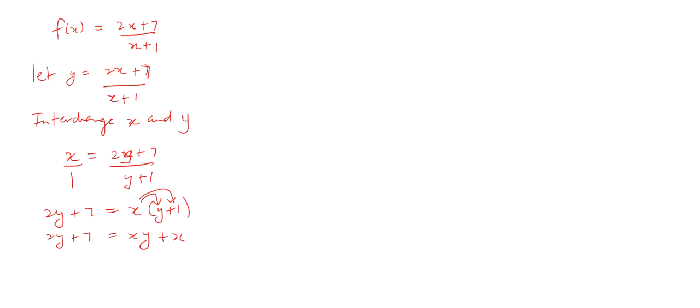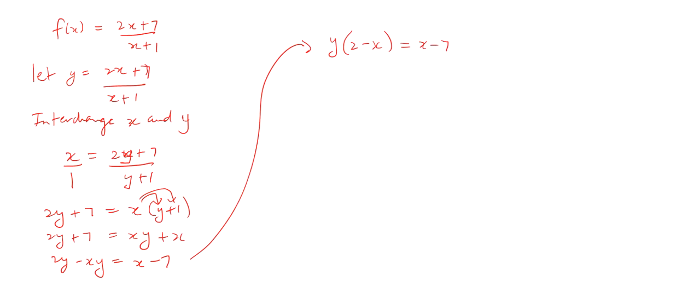We carry all the y's on the left side. So we end up with 2y minus xy is equal to x minus 7. Let's go across here now. On the left side, we have to factorize. We have to pull the y out. So we end up with y times (2 minus x) is equal to x minus 7.